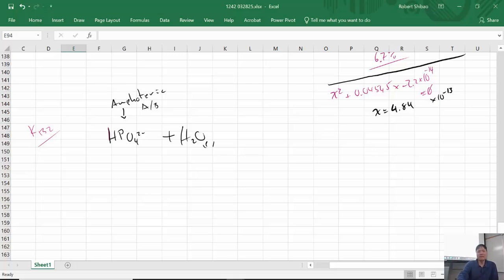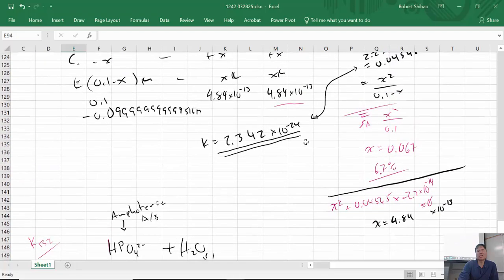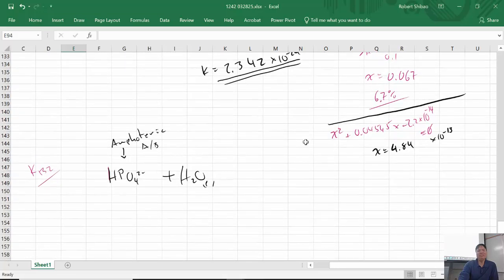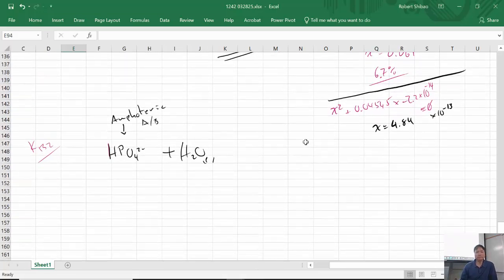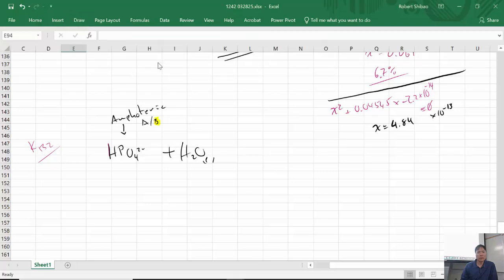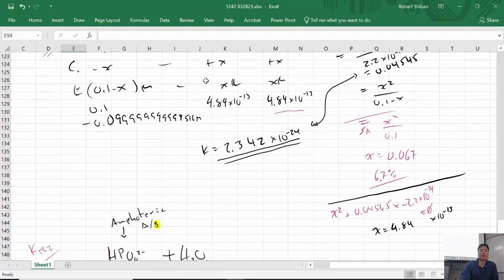But whenever we're dealing with a base solution, we just look for hydroxide producers. So even though this can go either way, it'll be a base in this context because we're looking at a sodium phosphate solution.